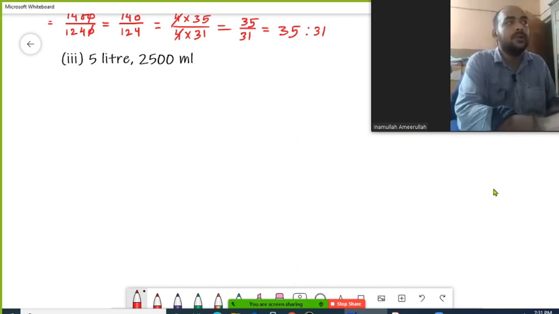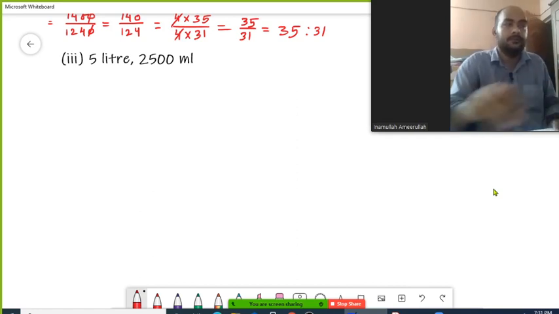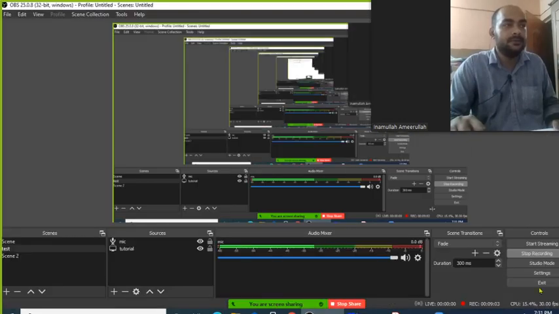Again, the quantities are different, so we need to convert either ml into liters or liters into ml. So I'll prefer to convert 5 liters into ml.